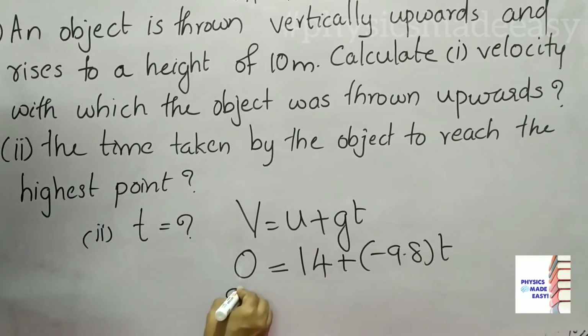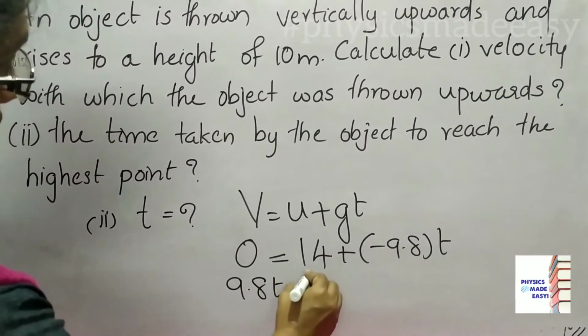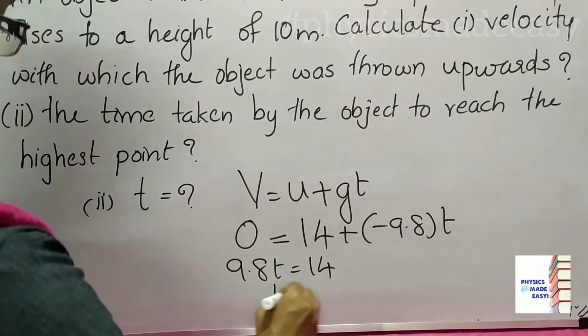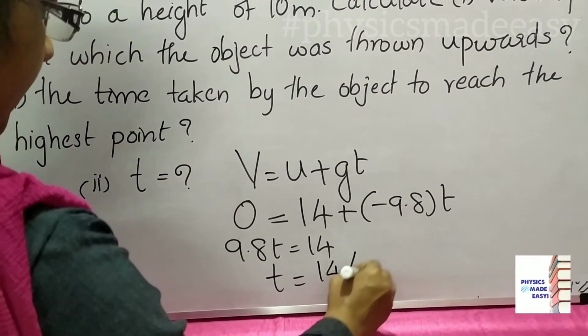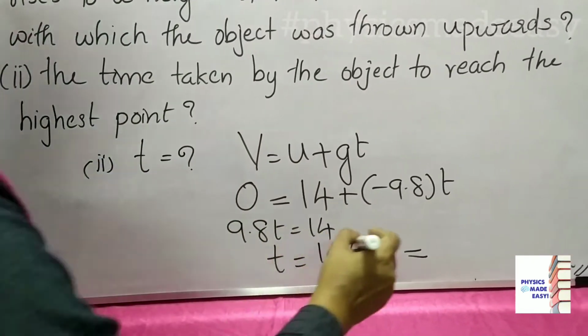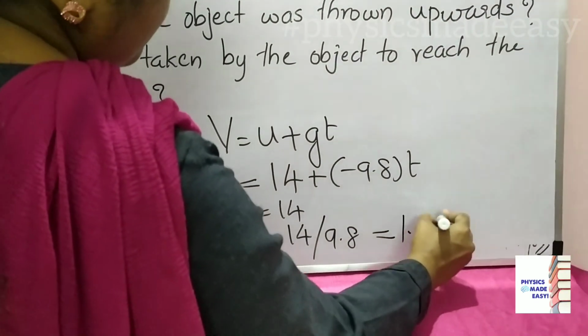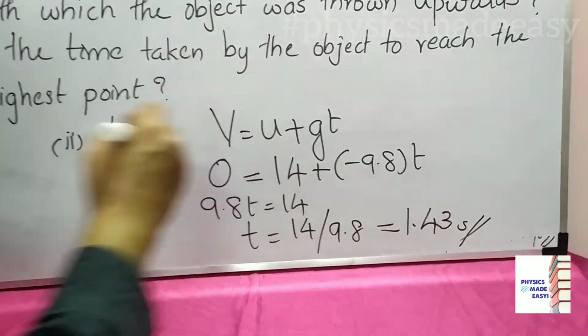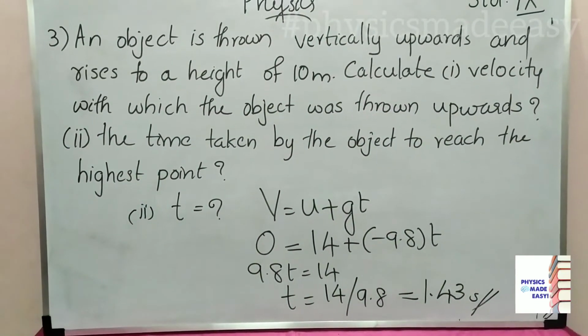We can write this as 9.8 t is equal to 14. Then time is equal to 14 divided by 9.8, that is equal to 1.43 seconds. This is the time taken by the object to reach the highest point.